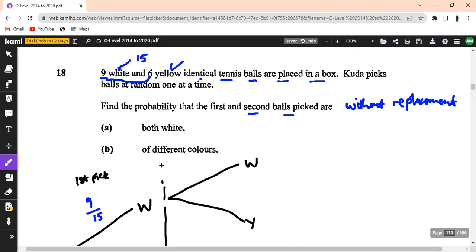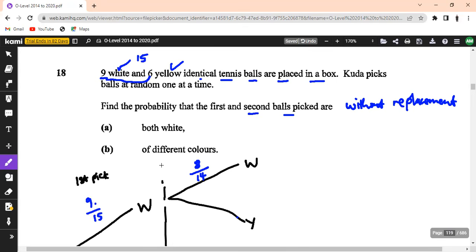But take note, you are working with white in this branch. So if you have picked a white, the white on the second pick here is going to reduce. There were 9 of them, now there are 8 because you have picked one white. So you're going to remain with 8 white out of 14.